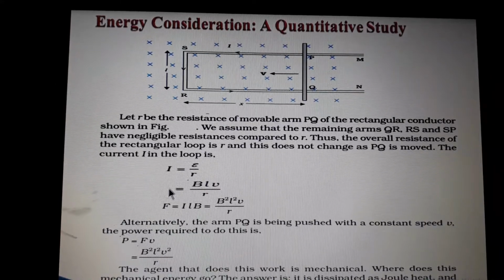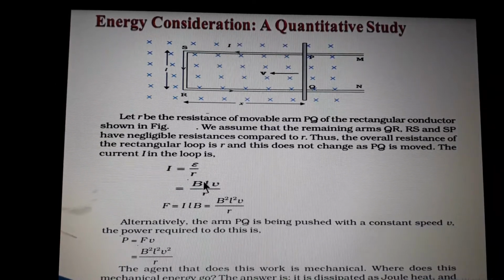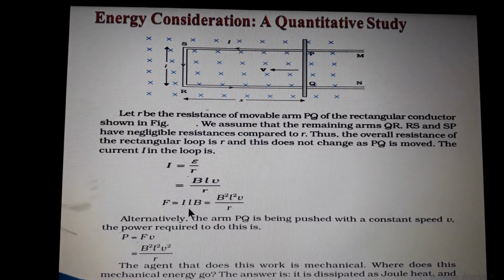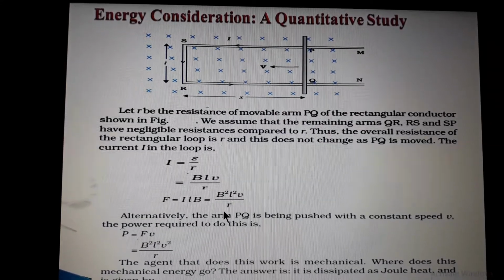Putting these together, I equals BLV by R, and you get F equal to B square L square V by R.